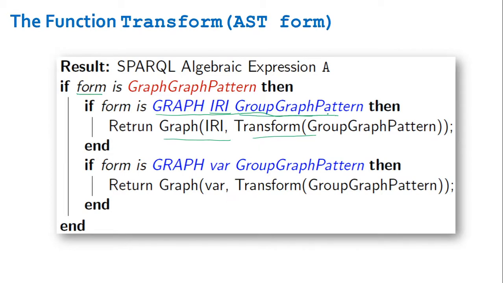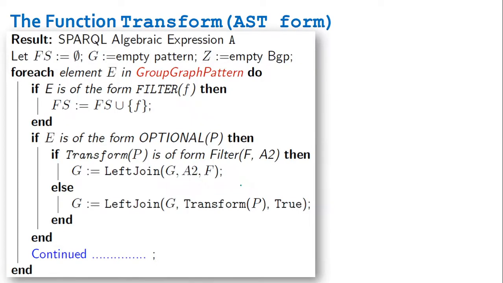We'll do a similar thing for the variable, with the only exception that we replace the concrete IRI with the variable name. One thing you should remember is that we are just converting the abstract syntax tree into the corresponding algebraic expression. We are not evaluating it; we'll evaluate it later. So this is the third case of graph pattern.